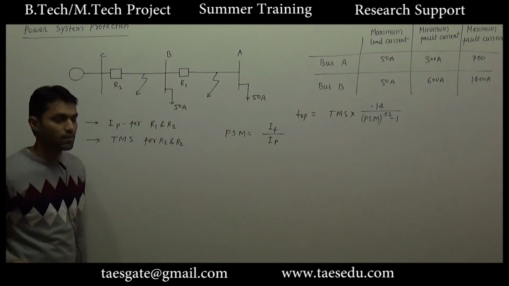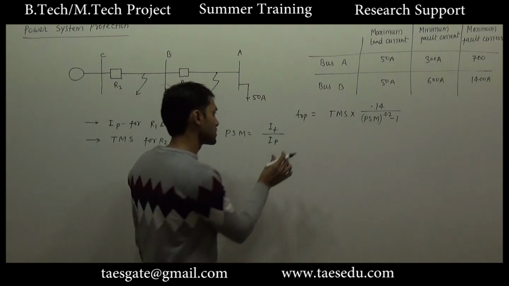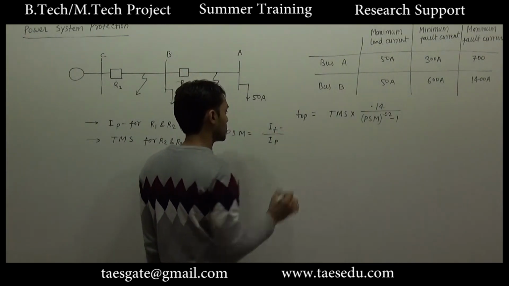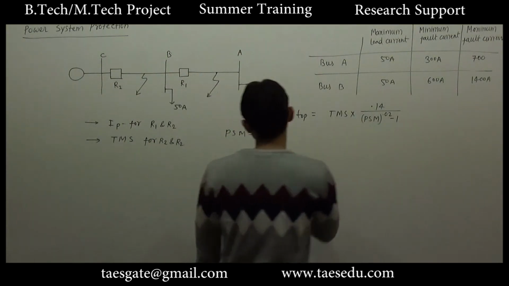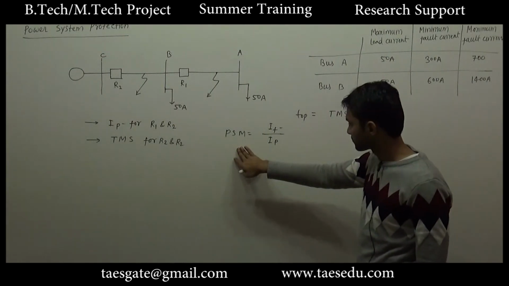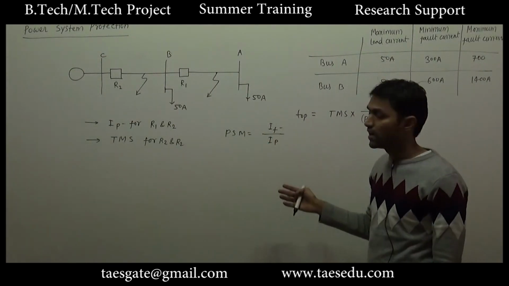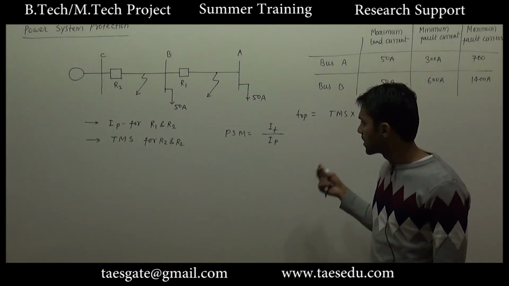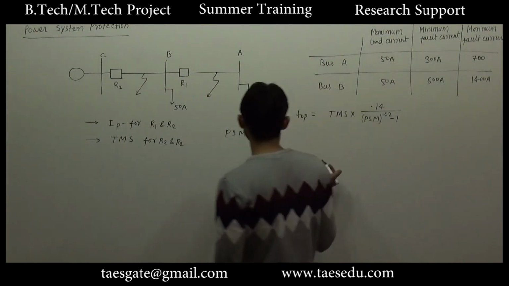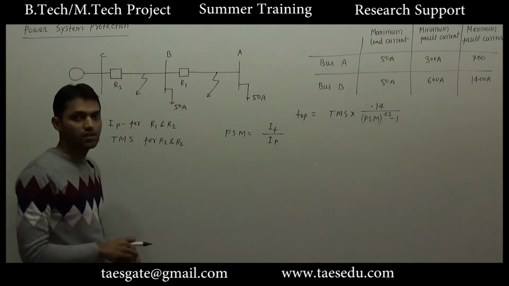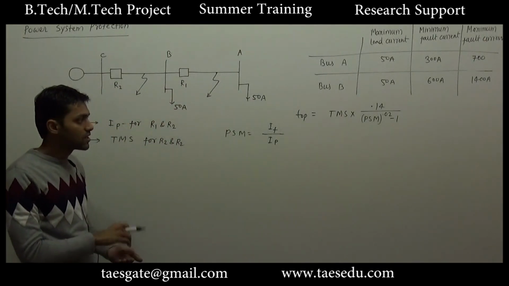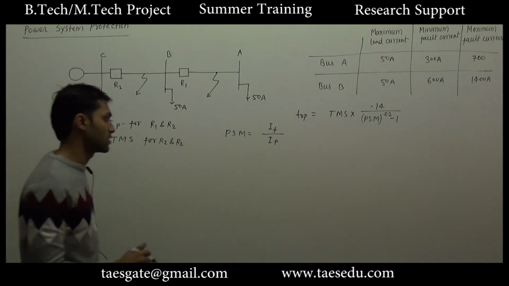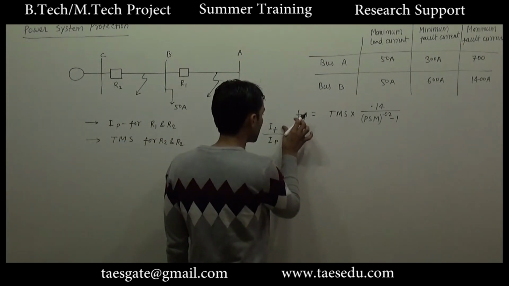I did not tell anything about the current transformer, because even if you find the fault current, actually PSM is decided by the currents in the relay, and currents in the relay pass through the current transformer. So there will be some turn ratio.